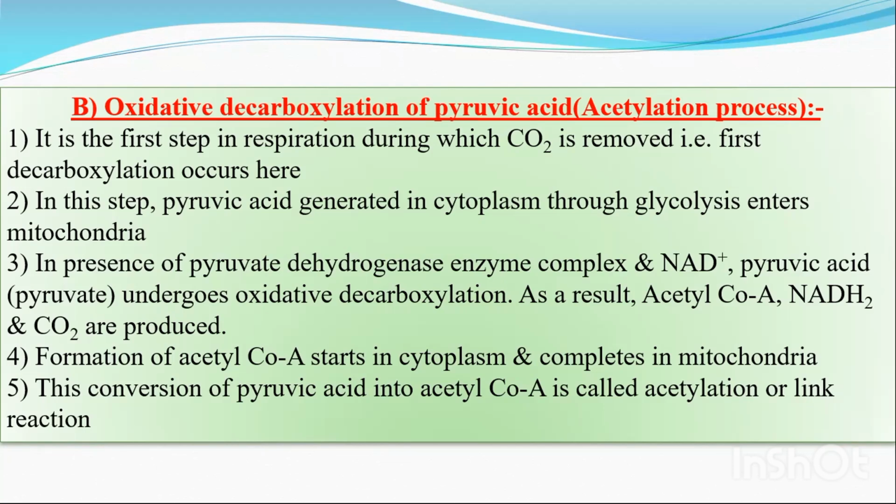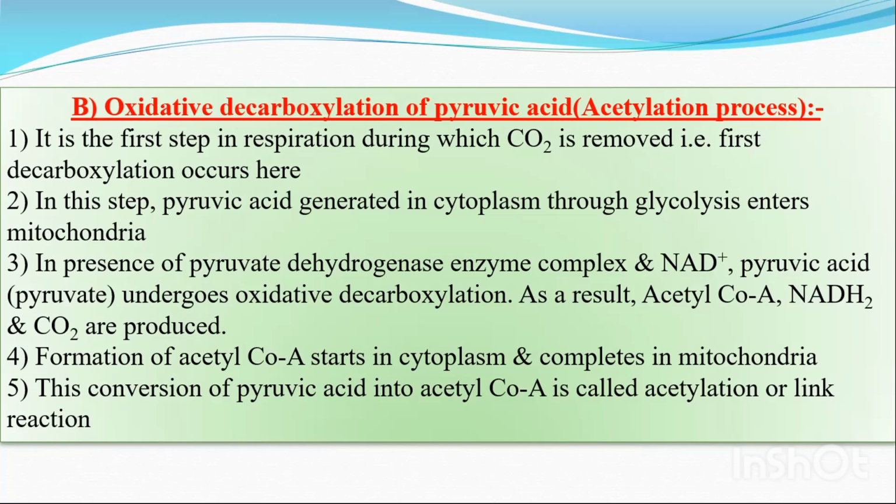The enzyme is there, and with NAD plus, pyruvate undergoes oxidative decarboxylation. 2 processes at a time. Oxidation means removal of hydrogen, and decarboxylation means removal of carbon dioxide. As a result, a 2 carbon moiety will be produced. It is called the acetyl moiety.